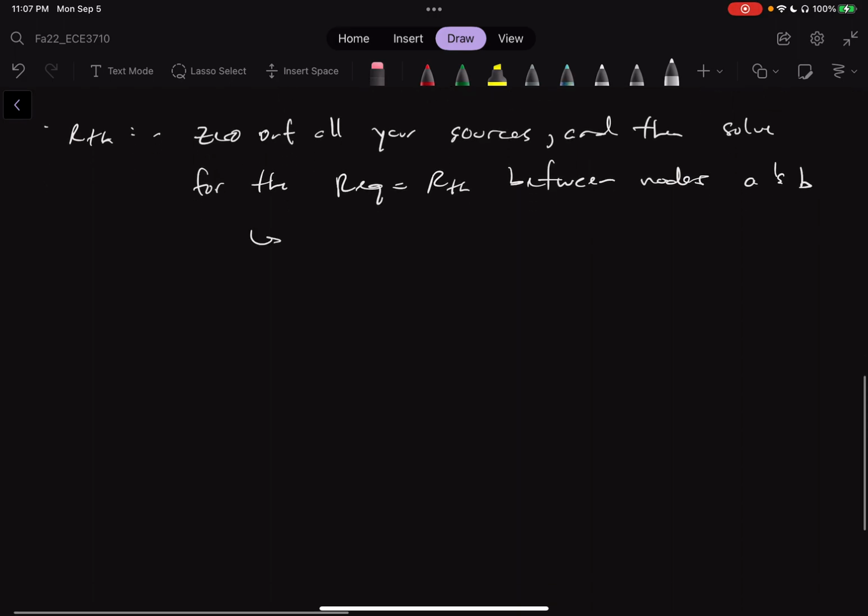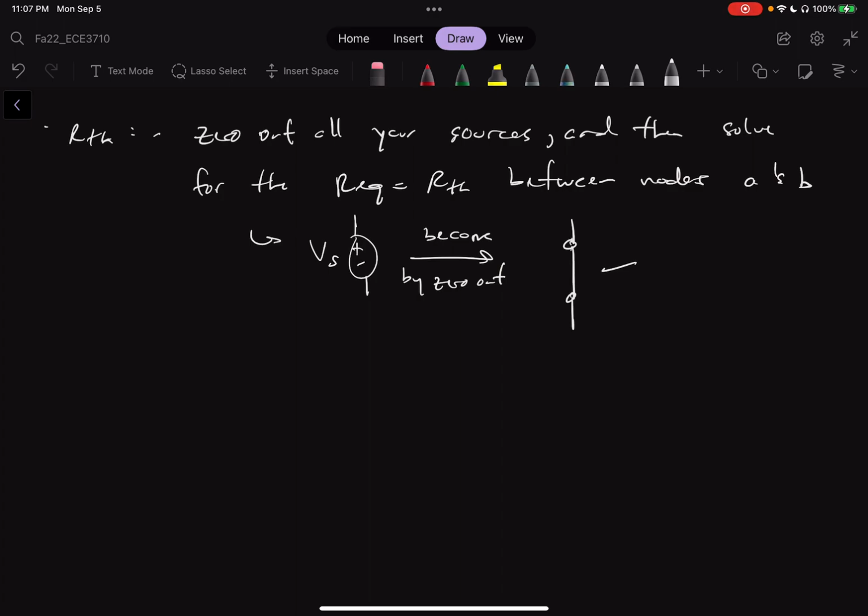Quick comment. Voltage sources become, by the zero out process, a wire. So by zeroing out, Vs becomes a wire, also known as a short circuit, but we're just going to call it wire from now on.